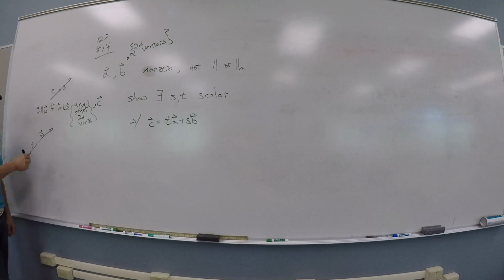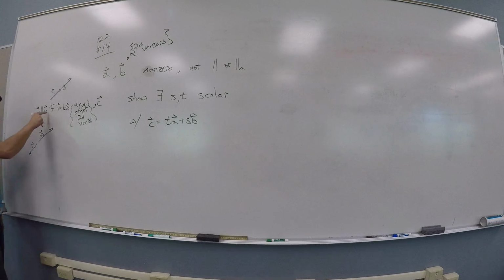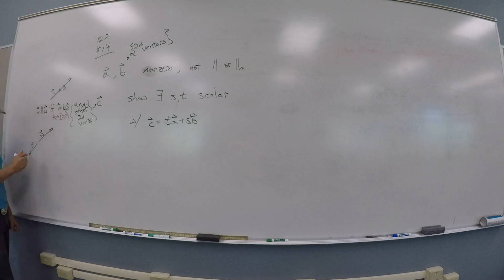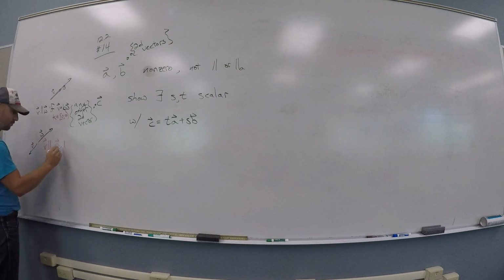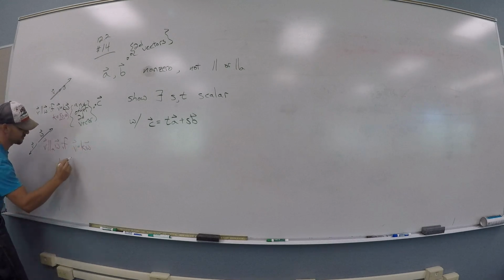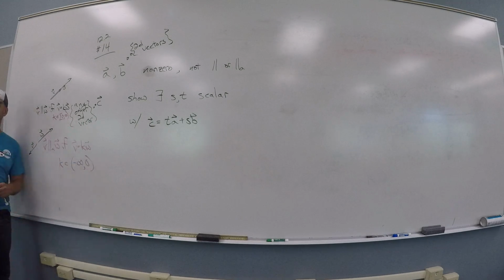So in your book, V is parallel to W if V is KW and K is a number from 0 to infinity, and V is anti-parallel to W if V is KW and K is some negative value and not 0.